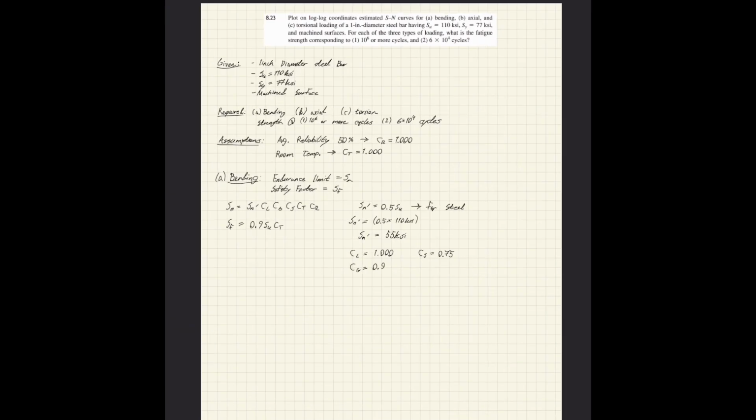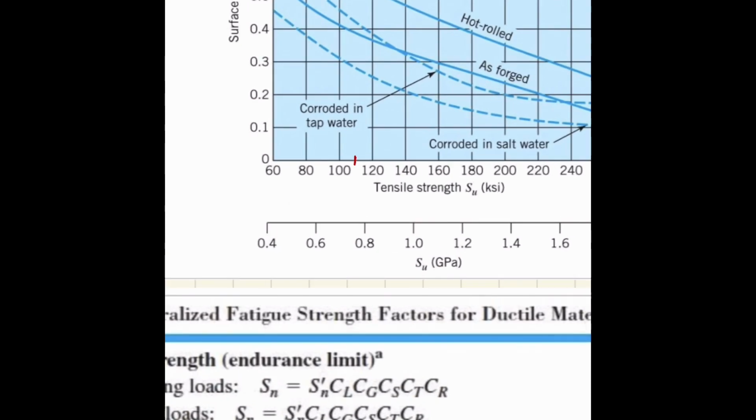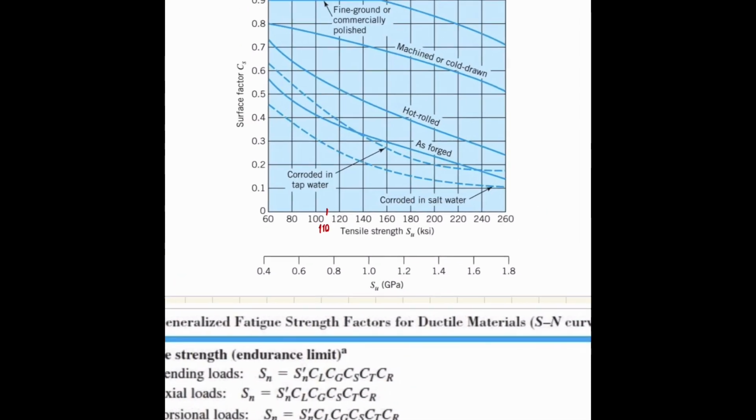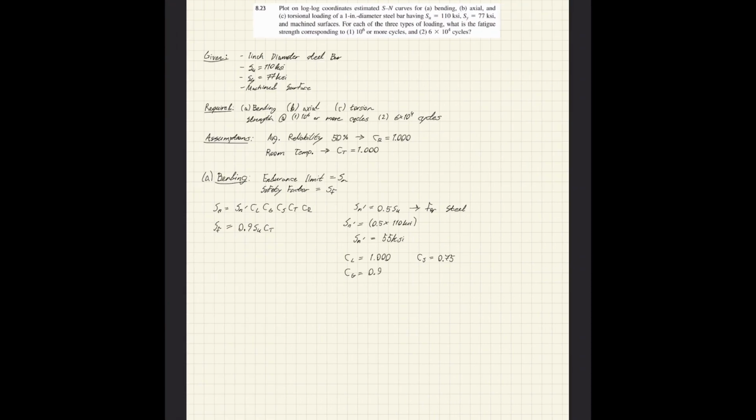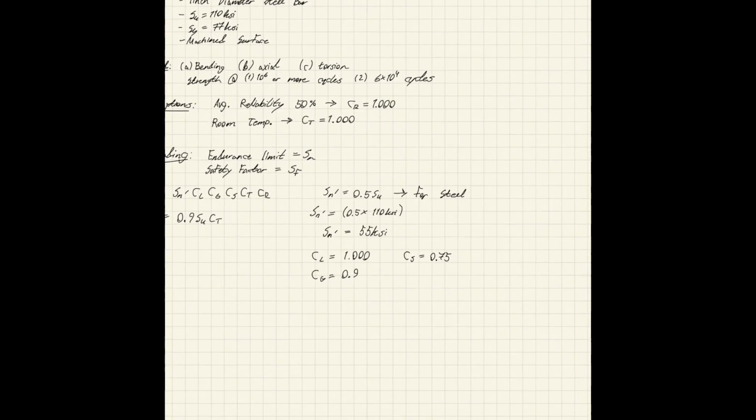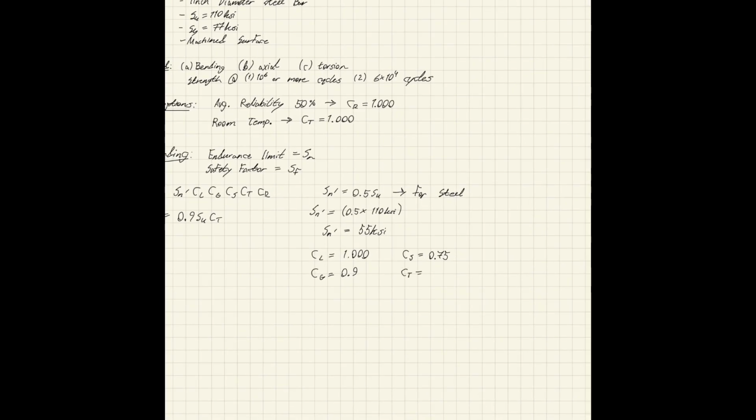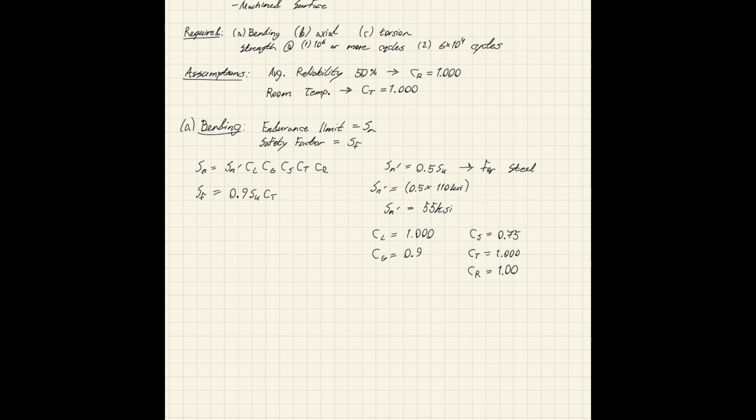Next, our CS is equal to 0.75, because if you look at the graph here, it's 110 KSI right here, and we have a machined surface, we go up and over, and our CS is 0.75, just about. Our CT, we know from our assumptions, is equal to 1, and our CR, finally, is equal to 1 as well.